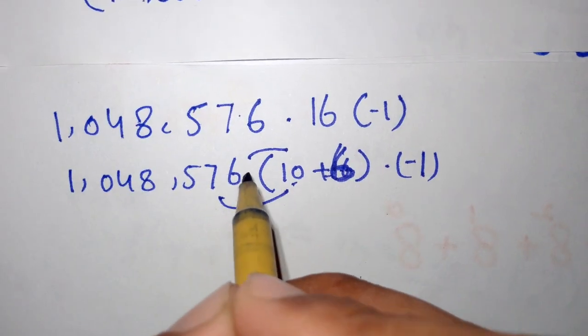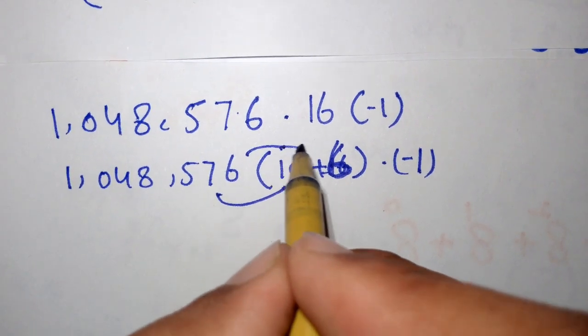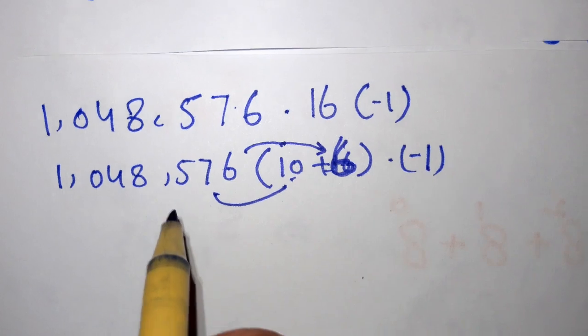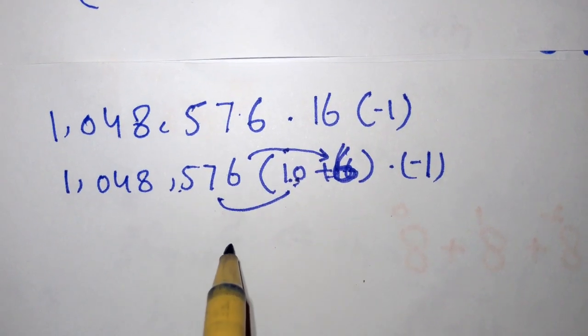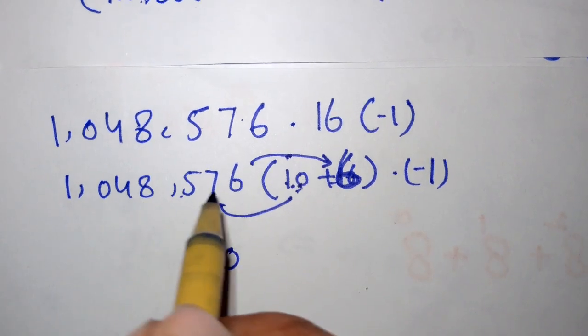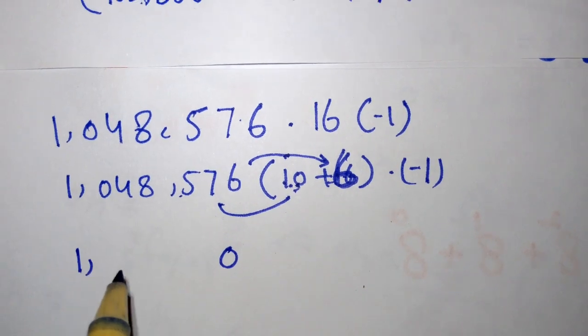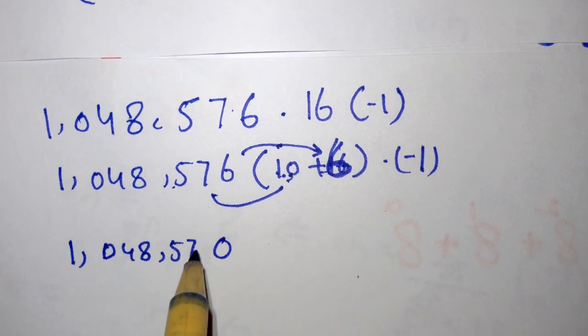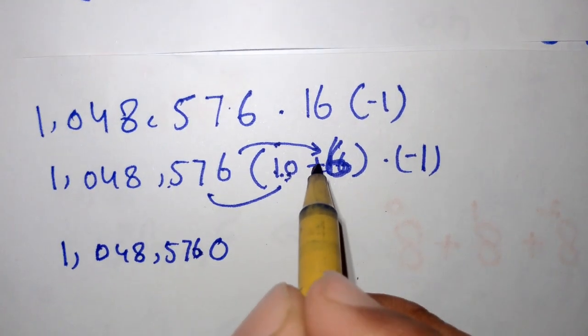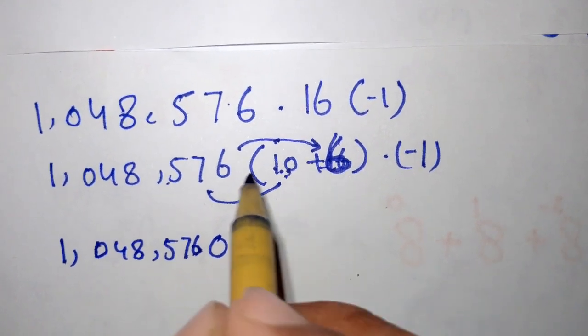Sorry, first we multiply this with 10 and then with 6. So first we multiply with 10. 0 multiply this number is equal to 0, and 1 multiply this number is equal to this number, 1,048,576. Plus 6 multiply 6 is equal to 36.